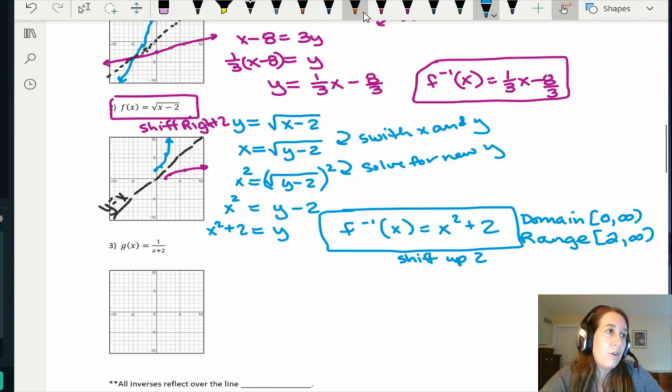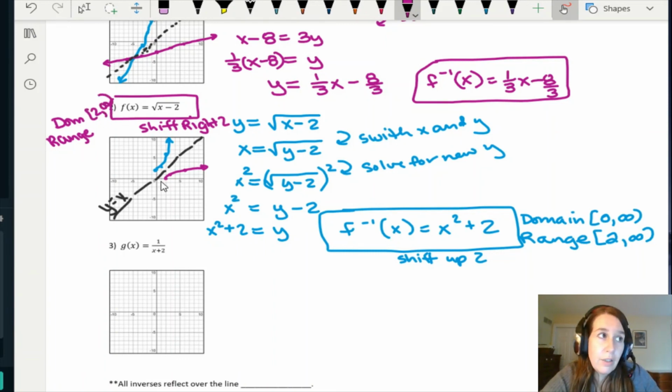Now I want you to notice something. On the original graph, what is the domain and the range? Okay, the domain is the x values, right? Notice that the x values start at 2 and go to infinity. Look at the y values on the purple graph. The y values start at 0 and go to infinity.